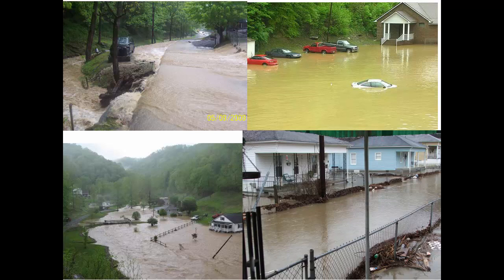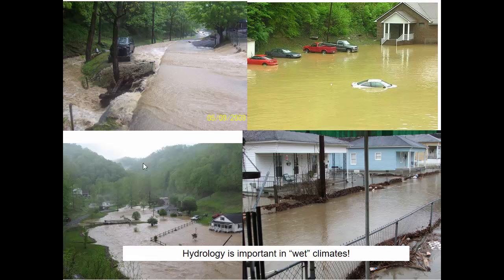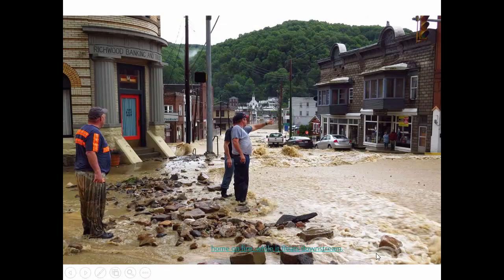The fact that the land area is so steep, people generally are going to build on what limited flat area there is, and that's almost always in a floodplain or adjacent to a creek. And so obviously stormwater and rainfall is a really important topic here in the state of West Virginia, and it could be said hydrology is important in wet climates, but it's not just in wet climates. I've lived in extraordinarily dry climates, and hydrology is important there.